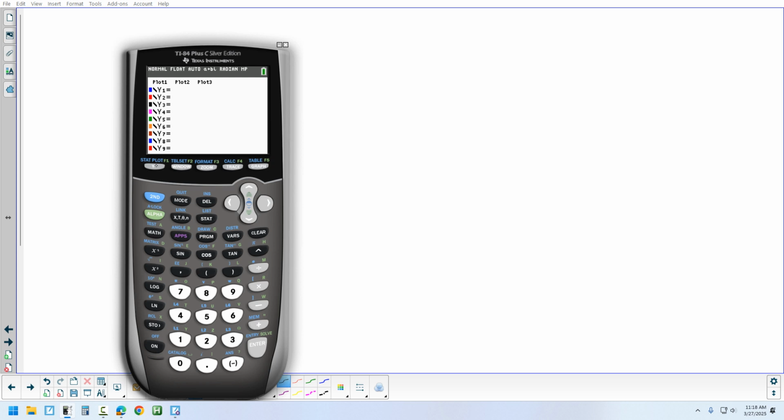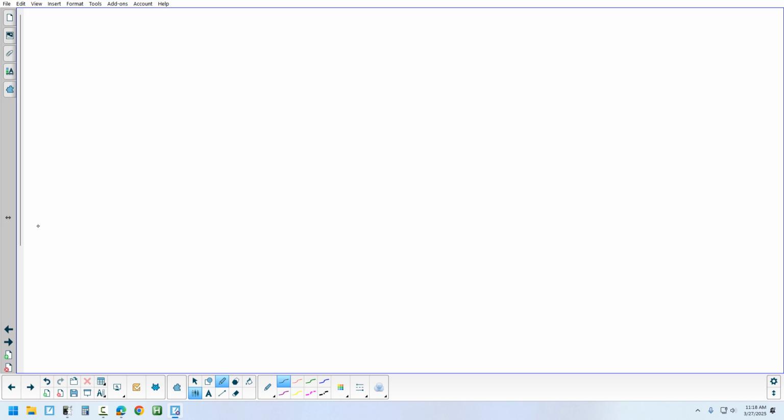To type in the equation of a circle, we need to use this formula. That's the equation of a circle. As a function, I need to solve that for y. So I have to subtract the x squared, and then take the square root of it.